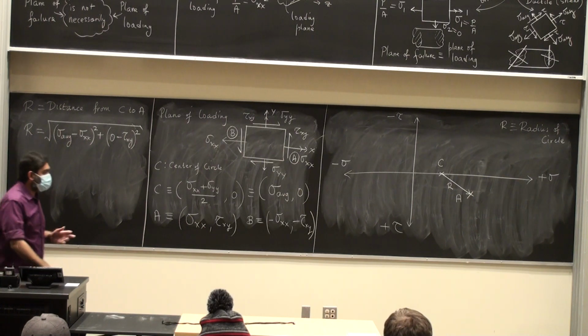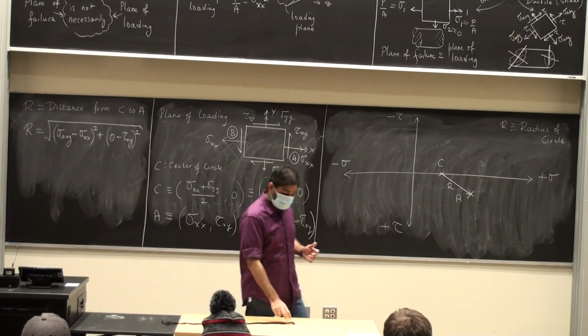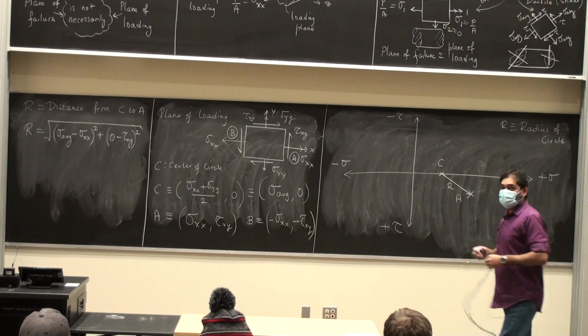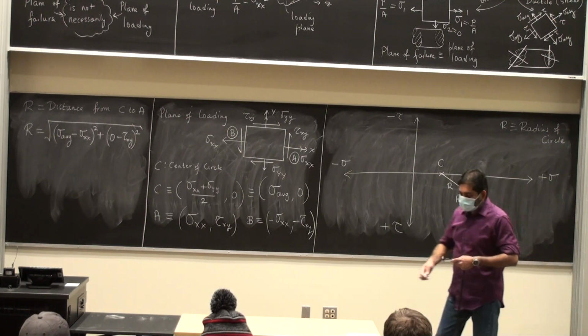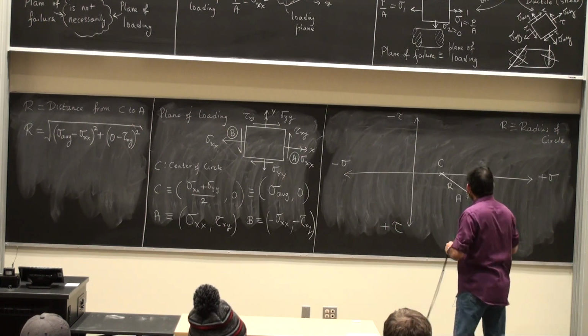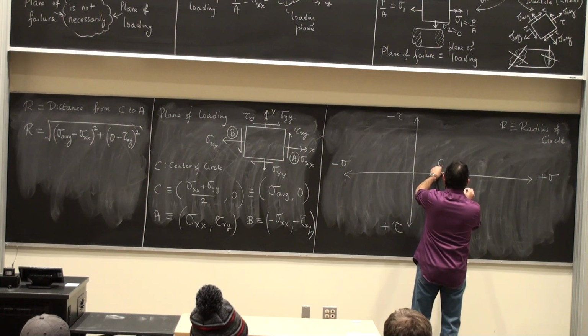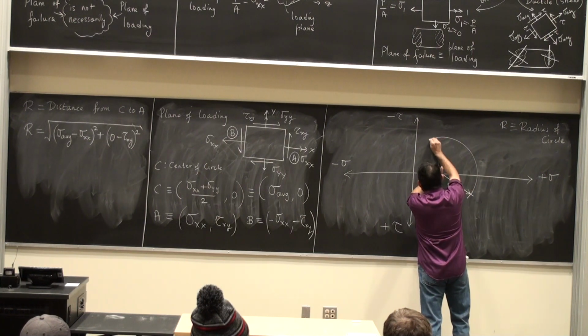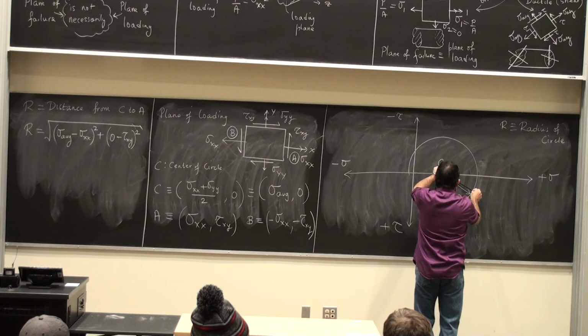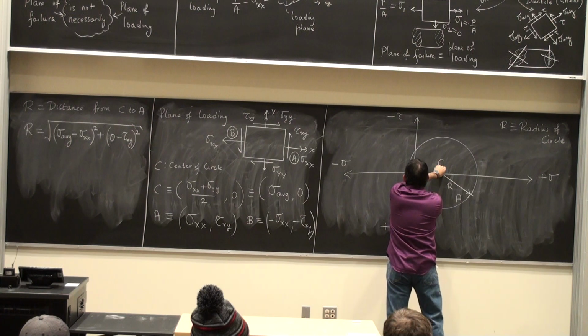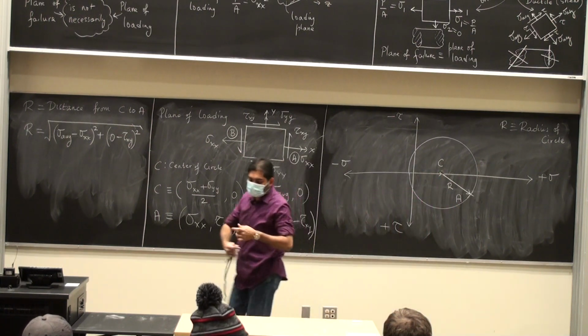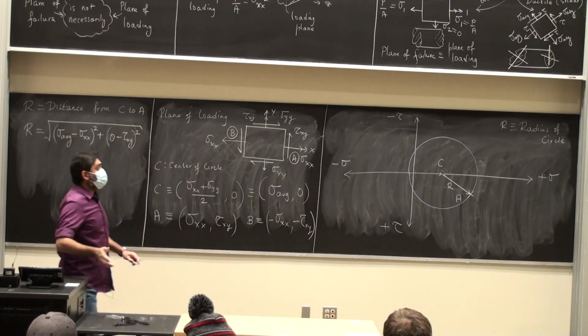Once I have the radius and I have 2 points on a circle, I can obviously draw the circle. So I'm going to draw the circle. Okay? Let's hope it works. Okay, more or less a circle. So this is the circle.